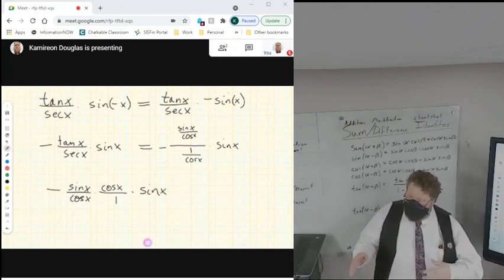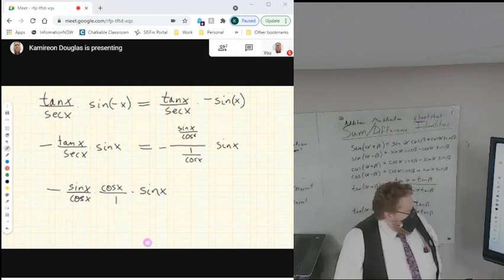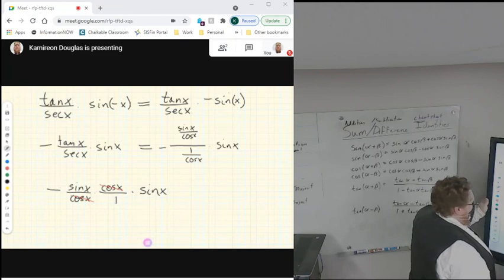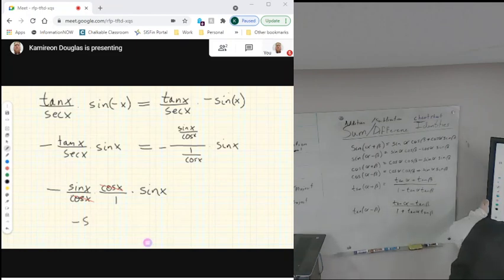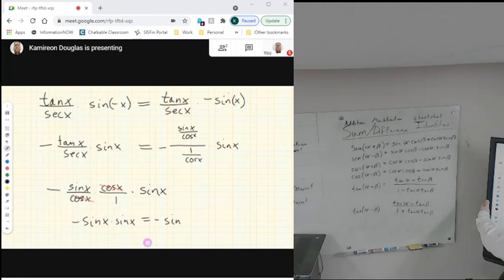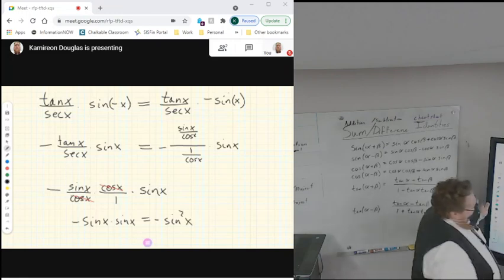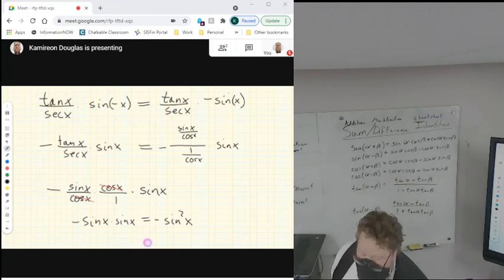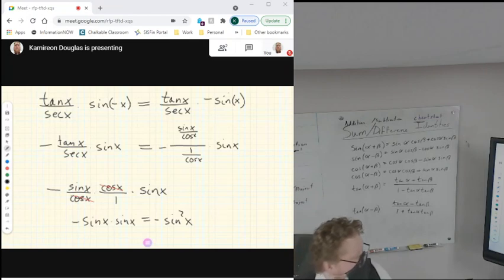And then, as Brian was saying, the cosines will end up canceling, leaving us with negative sine times negative sine, negative sine times just regular sine, which would be negative sine squared. This one is also false. By using the identity I can see that this is equal to cosine of x minus 1, which is wrong.